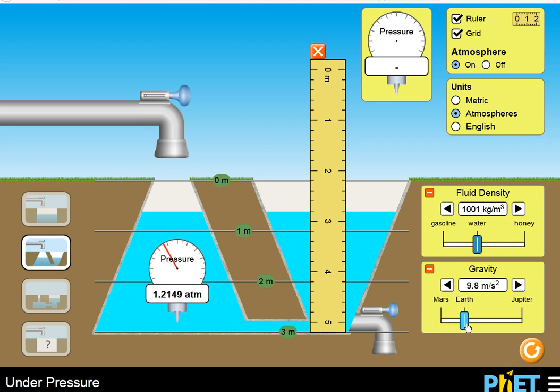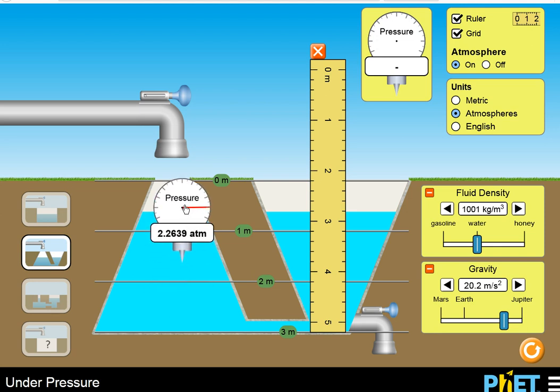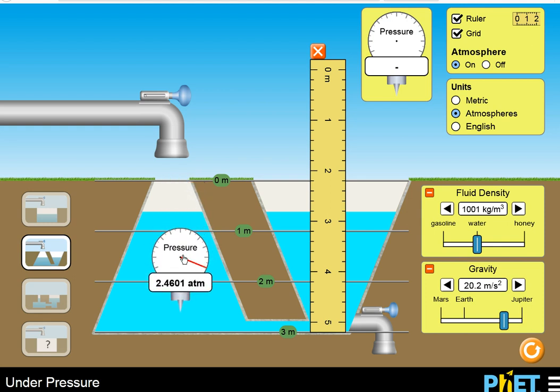If you double gravitational acceleration, pressure doubles at the same exact depth. And you can play with this one: double the gravitational acceleration but halve the depth. You should have the same exact pressure at half the depth that you had at twice that depth when gravitational acceleration was half, if that makes some sense.